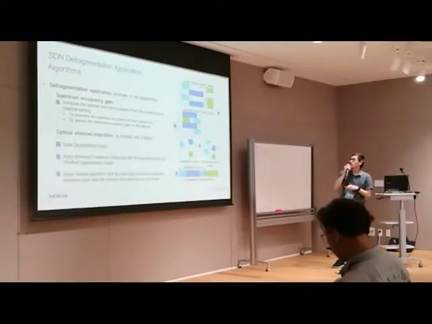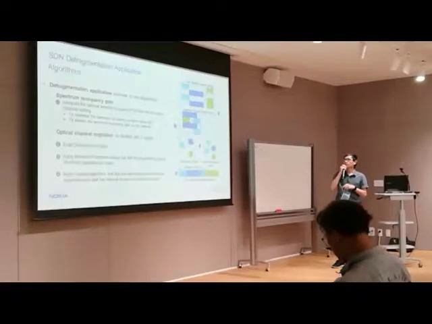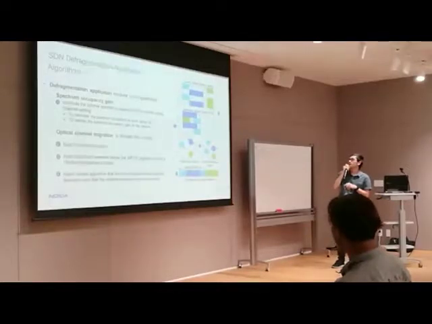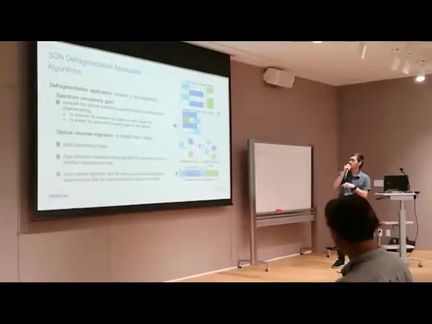So the second step is to find the best sequence of light path migration in order to minimize the disruption time. The application calculates, based on the current light path setting and the optimized setting, the dependency, so you can see which light path depends on which one.